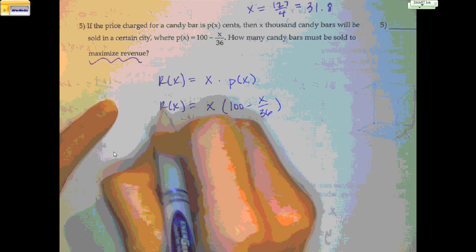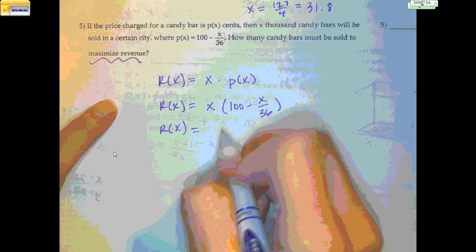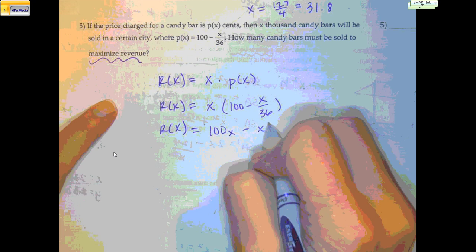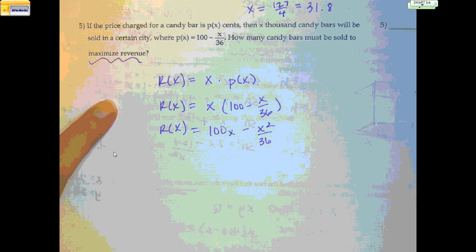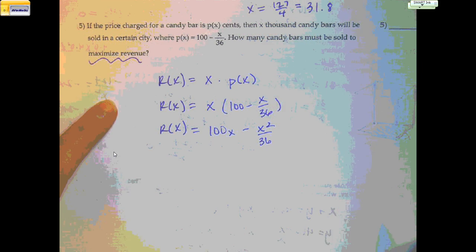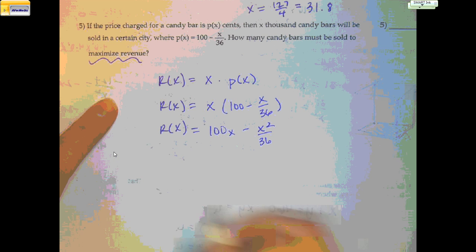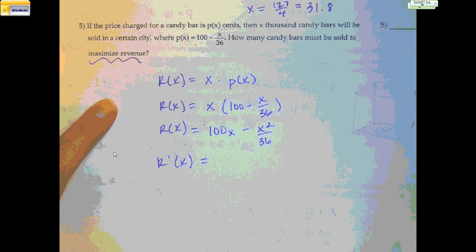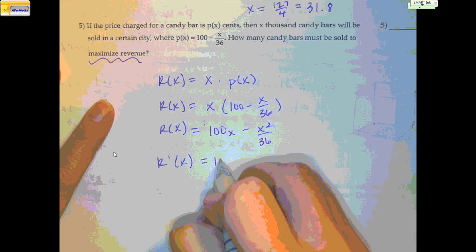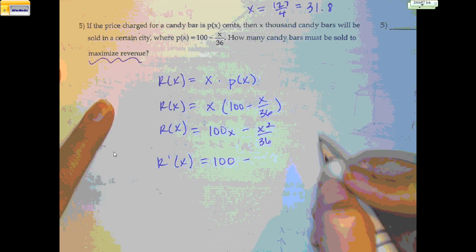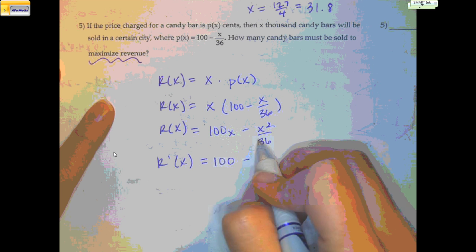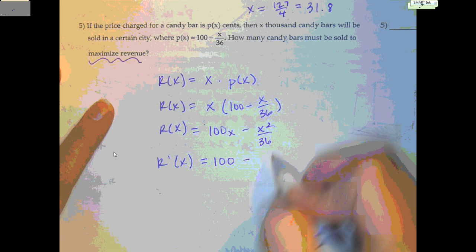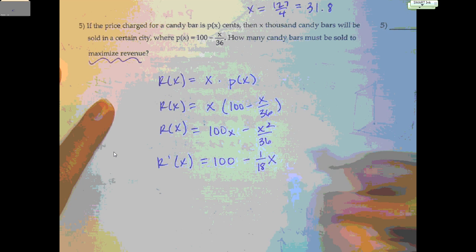I'm going to go ahead and distribute to make it easier to differentiate. Because we're looking for maximum revenue, we derive the revenue equation. We get 100 minus, if I multiply by 2, that's going to produce 2 over 36, which is 1 over 18 x.